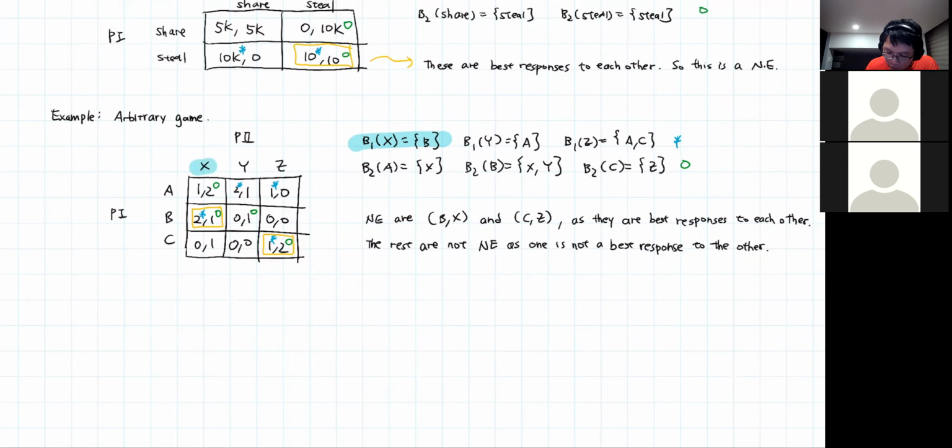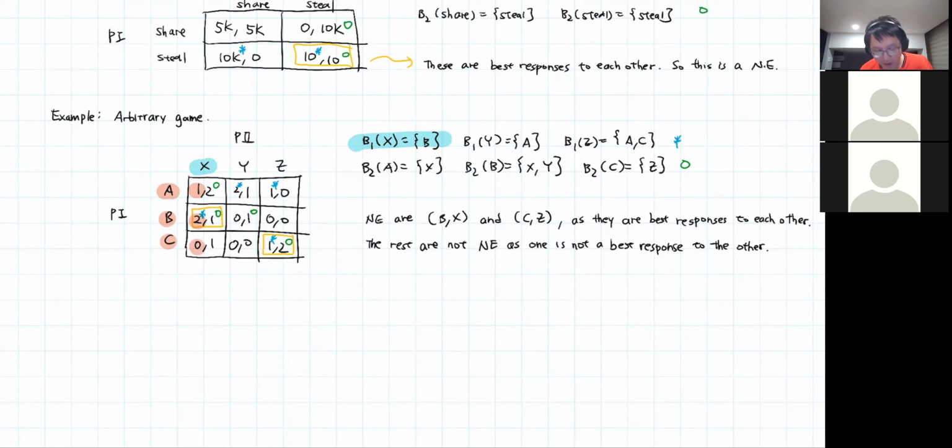Then we look at what the utilities are for player 1 given that player 2 plays X. If player 1 plays A, it gets 1. If player 1 plays B, it gets 2. If player 1 plays C, it gets 0.